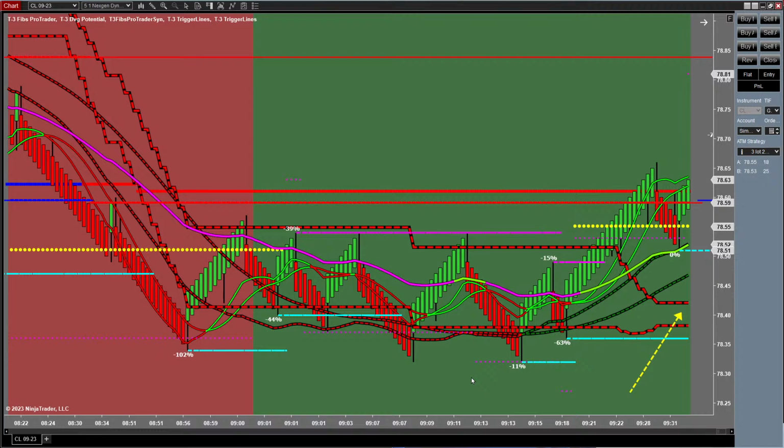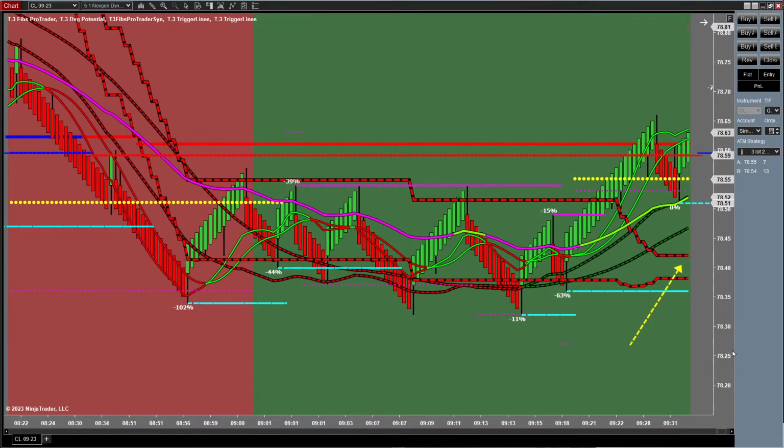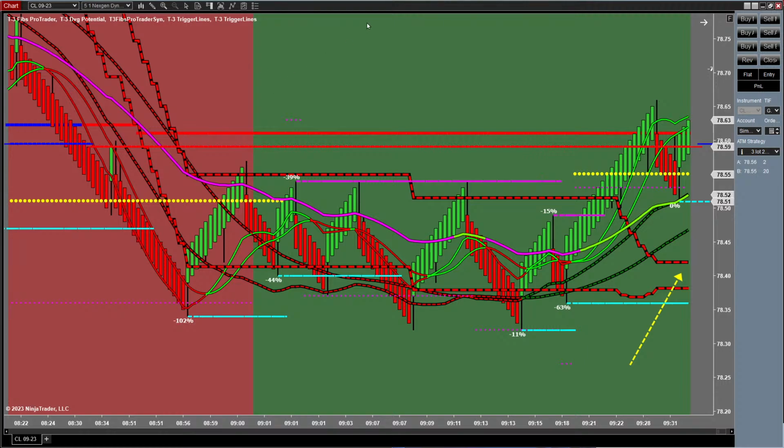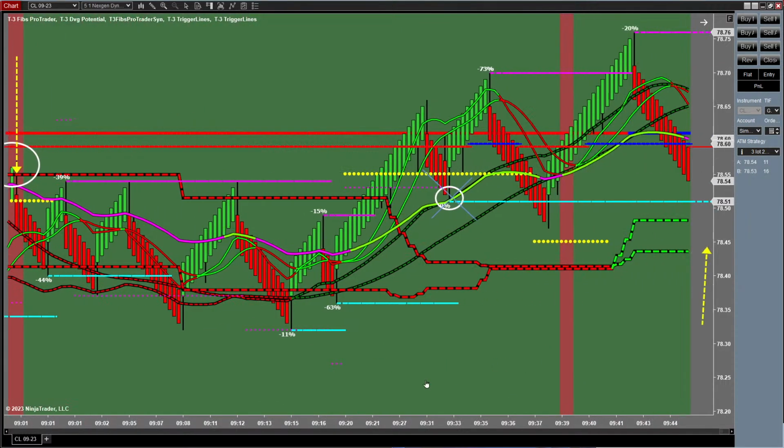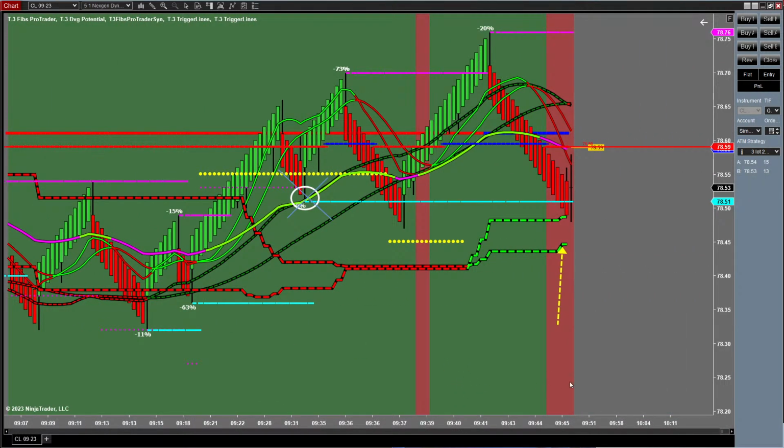And look at the difference over here where the prior short was. See how the 13-2 large triggers are down right here? That fit the rules for a trend trade. So let's do this real quick. Over here, it didn't fit the rules for a trend trade. I just want to make sure we're cool on this, okay? And again, the market can go up and down without the rules being met.